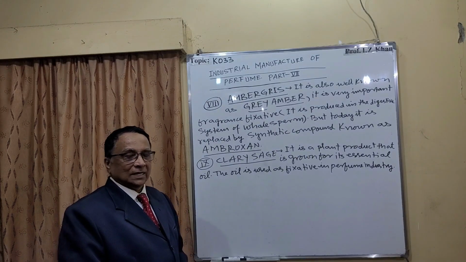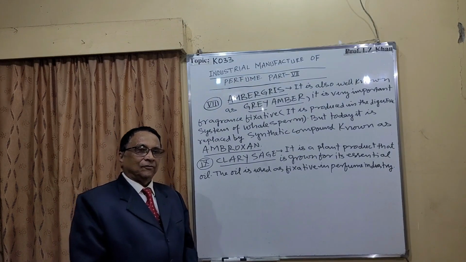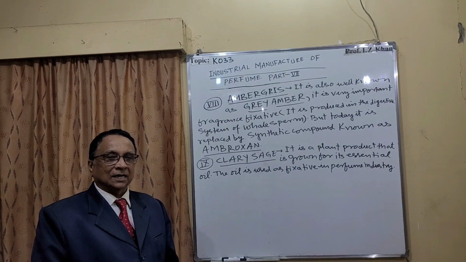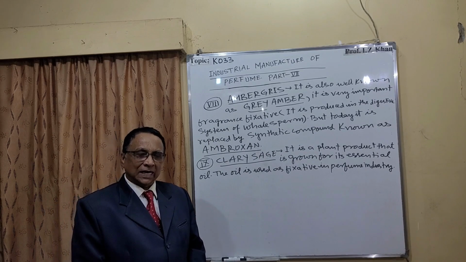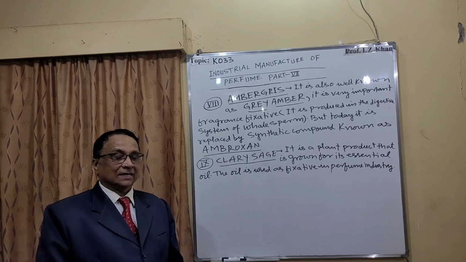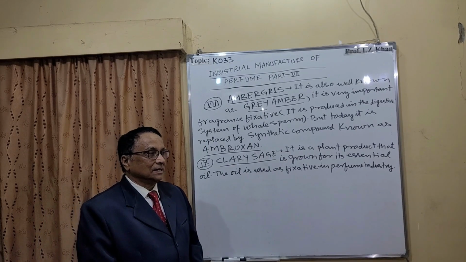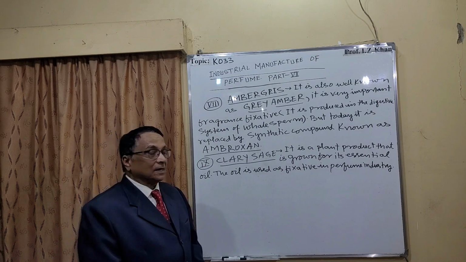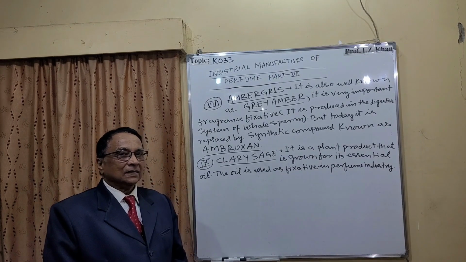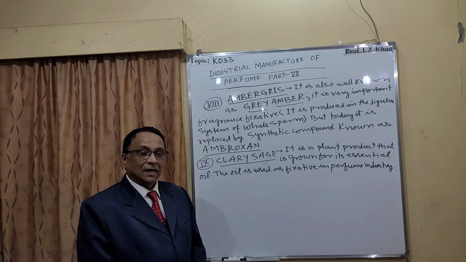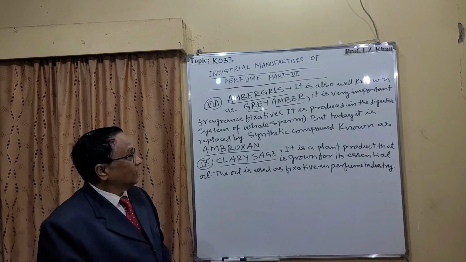So it is isolated from the digestive system of that sea animal, the whale, of very huge size, and those who extract it claim that the concentration of this ambergris is found in the sperm or eggs, you can call it, of the whale.